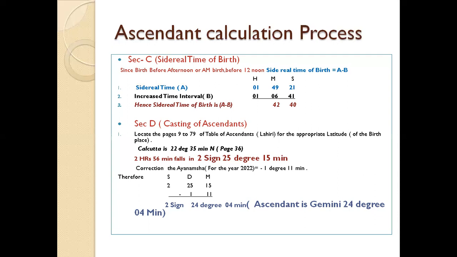Imagine I want to cast a chart for a person born at 5:30 in Calcutta on 15th April 2023: it will be Aries. But if it is 5:30 a.m. in Chennai on that day, it won't be Aries, it will be Pisces. If it is 6 a.m., it will be Aries, because the sun is rising at 6, and the moment the sun rises, the day is starting, the zodiac is starting, and it starts with Aries.